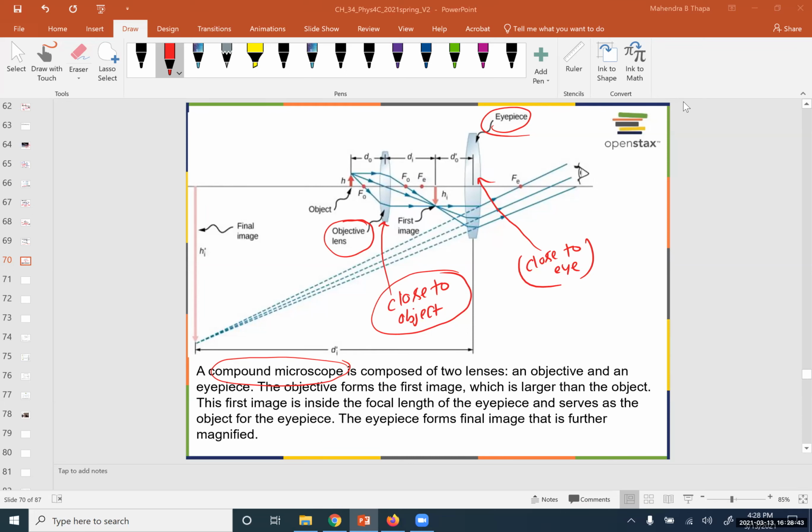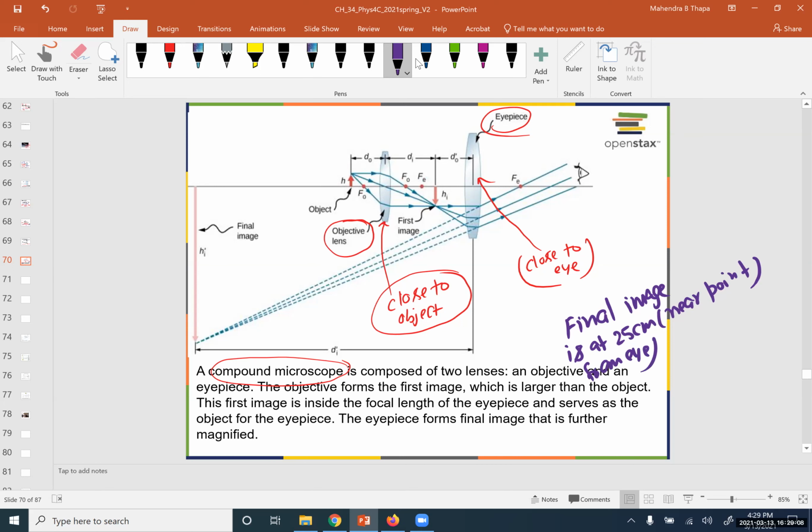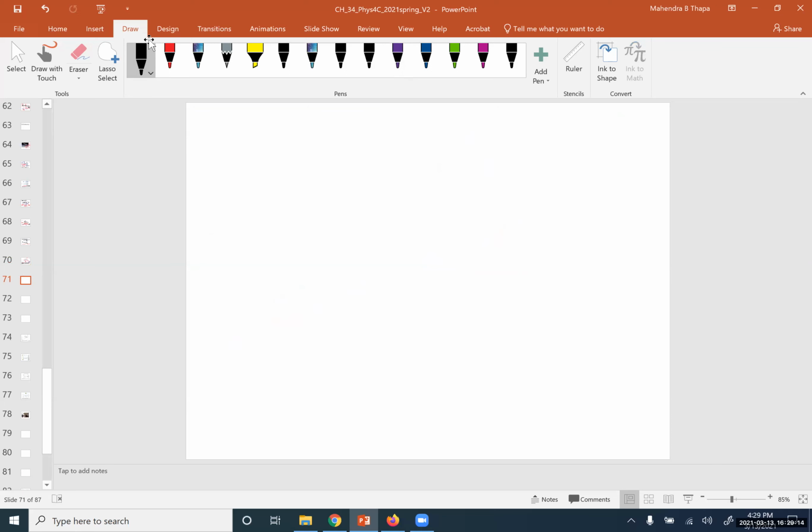So in this case, you see that the final image is at 25 centimeters, which means this is the near point from the eye. Let's draw the picture how it looks from the beginning. I start with a common principal axis.